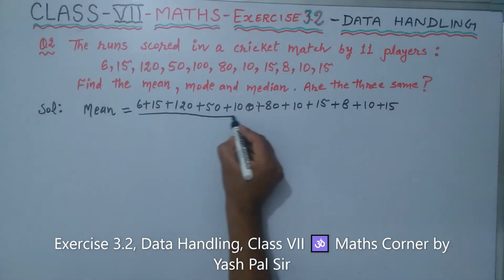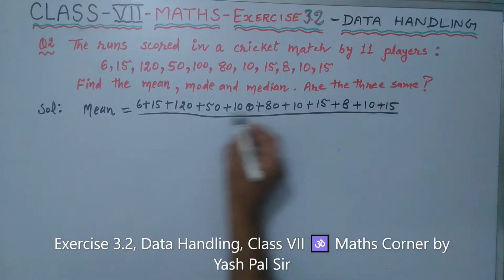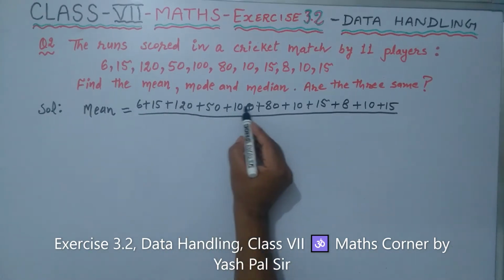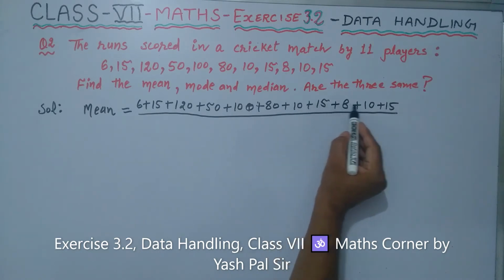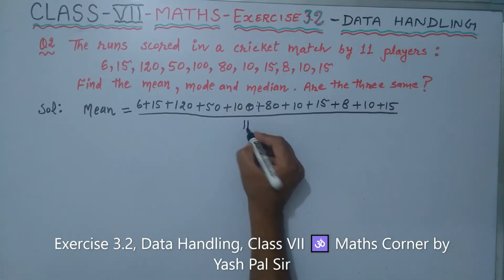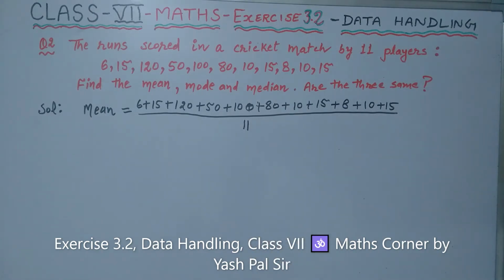Whole divide. How many observations are here? 1, 2, 3, 4, 5, 6, 7, 8, 9, 10, 11. 11 players. So dividing them by 11.